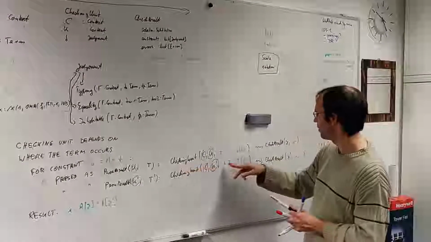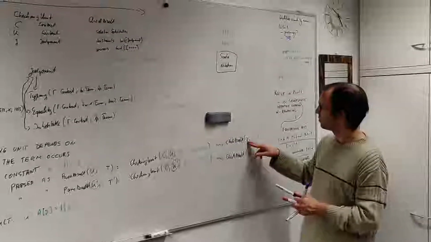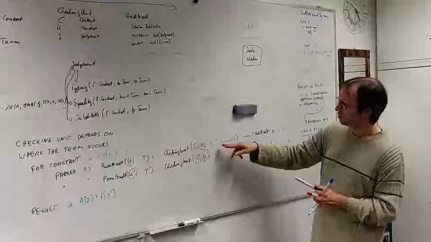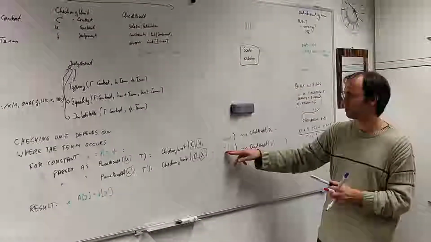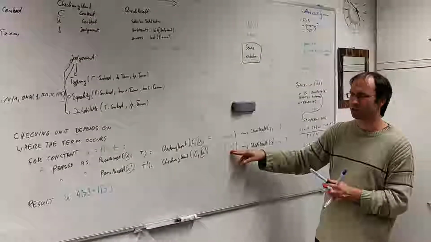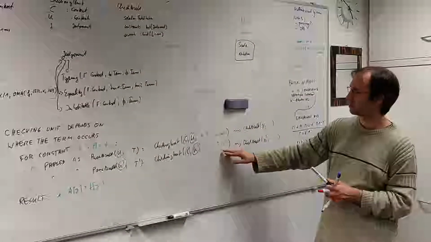So let's say we get a check result with some solution gamma for the unknowns. We will substitute in the T so that we now have a term that doesn't use the unknowns from U anymore. Okay, what is T in square brackets? Substitution application. You can write gamma of T if you like.